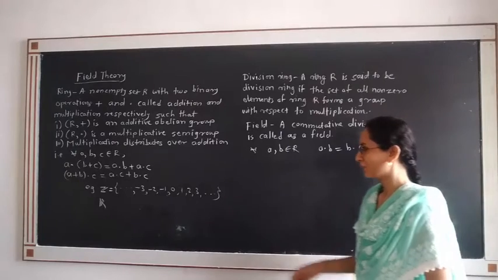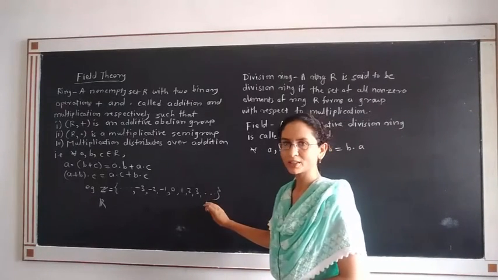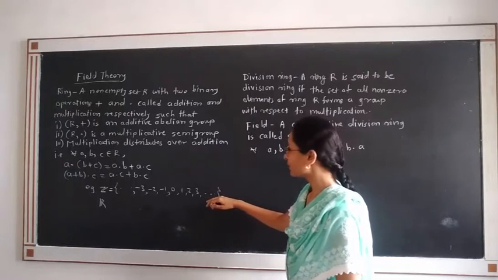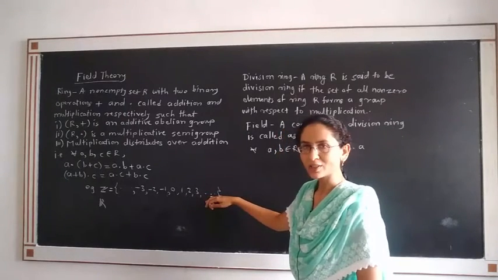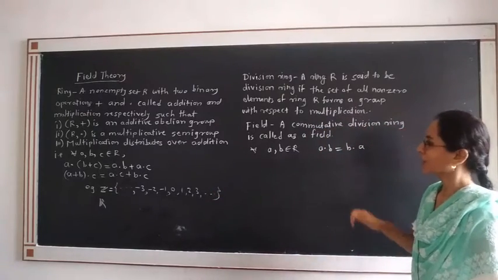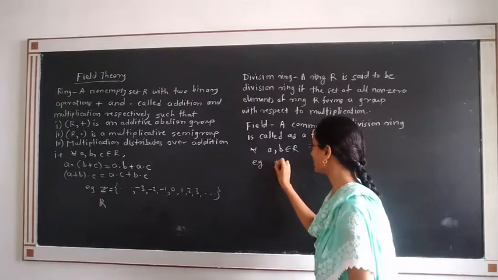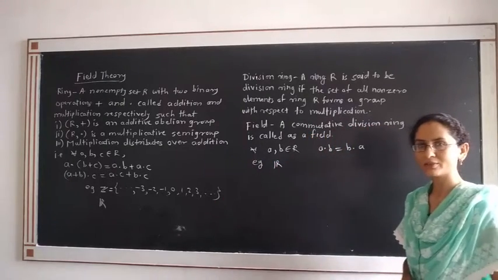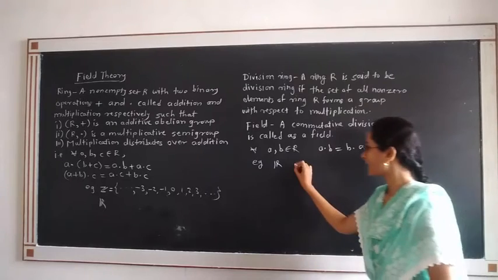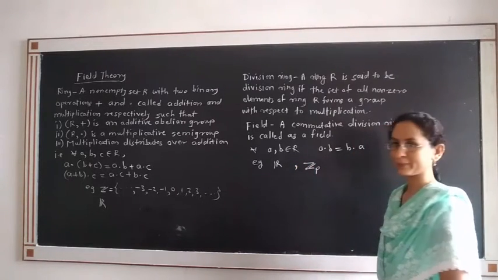Now, if you take the set of integers, it is not a field because this is not a division ring. Its non-zero elements do not form a group with respect to multiplication. The next example is R, the set of real numbers, it is a field. Another example is the set Z_p.